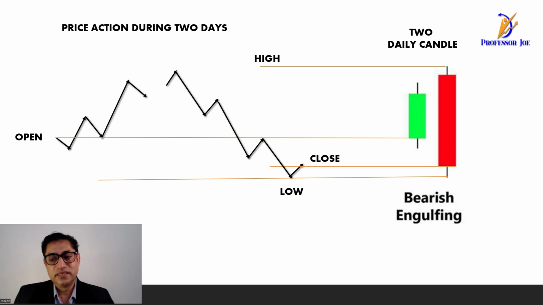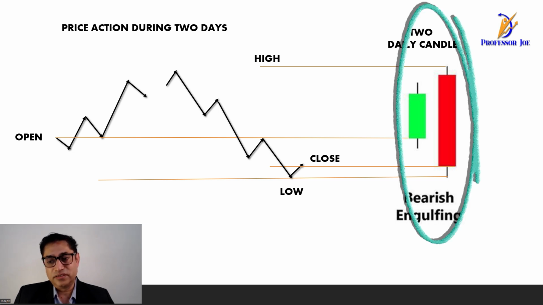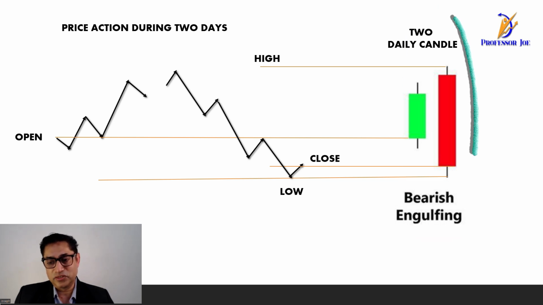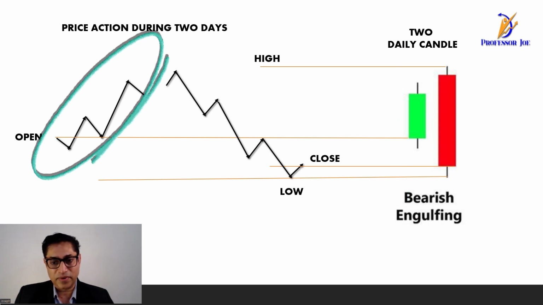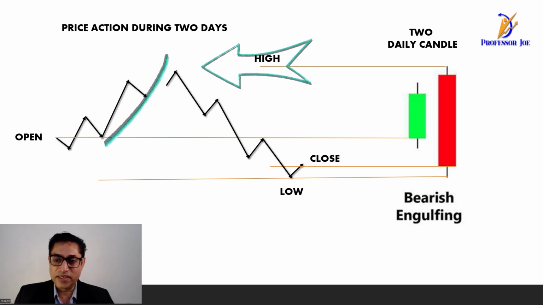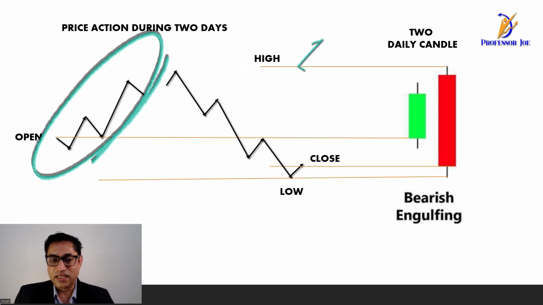The same applies to the bearish engulfing pattern. Let us decode the price action in the bearish engulfing pattern. This is a green candle and you can see a small tail. It opened, went down a little bit, then the price went up, created a high, and came back a little bit down. You can see that there are tails on both sides, the opening is below and the close is up, so it's a green candle.